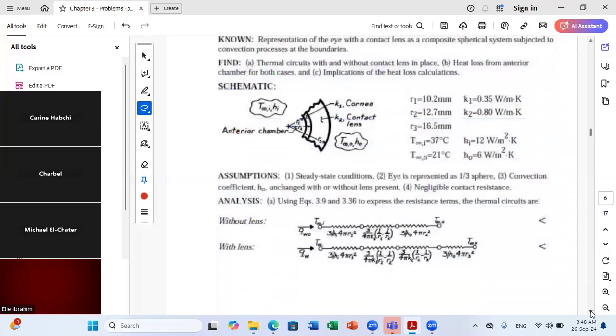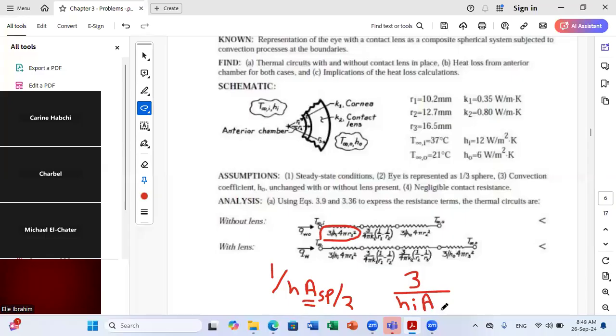So first, without the lens, we have the resistance to convection. You know that the formula of resistance to convection is 1/(hA). And here, as we said, the area is the total area of the sphere over 3. So this area will be A lateral of the sphere over 3. That's why we can take the 3 to the upper side. So it's 3 over h inner times the lateral area of a sphere.